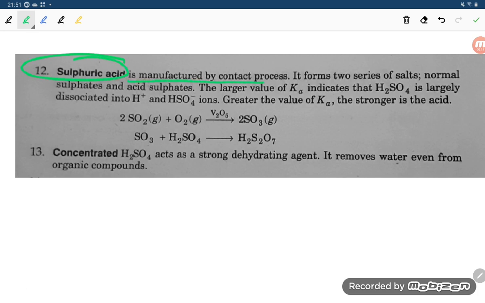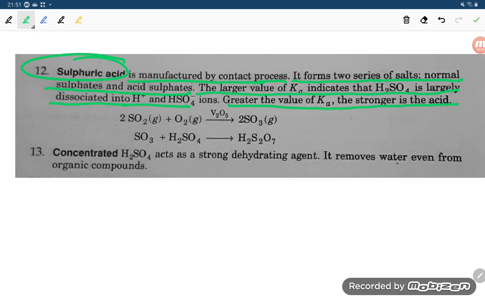Now the next compound is sulfuric acid. It is manufactured by the contact process. It forms two series of salts: normal sulfates and acid sulfates. The larger value of Ka indicates that H2SO4 is largely dissociated into H+ and HSO4- ions, and the greater the value of Ka, the stronger the acid.